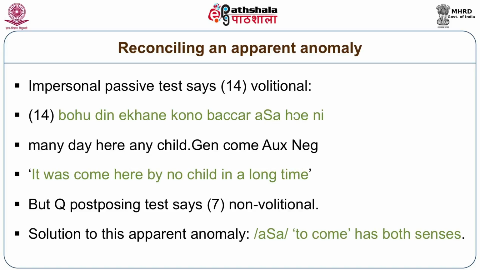You would infer from this impersonal passive that the verb to come, contrary to what we have said earlier, is in fact a volitional verb because it is allowing the impersonal passive.